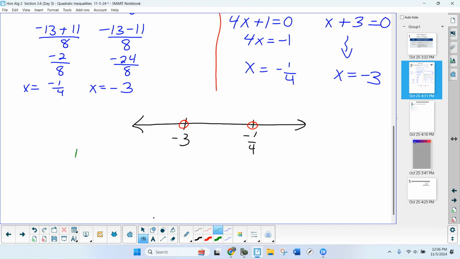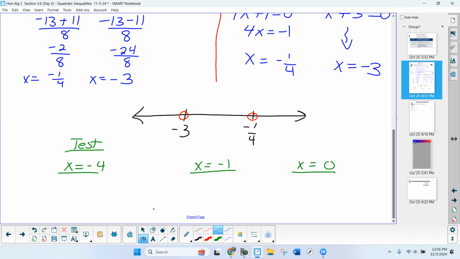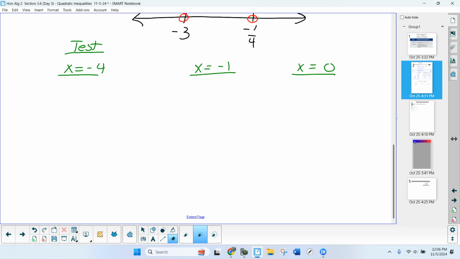Now, what values did you guys test? Negative 4. How about between here? Negative 1. And how about over here? 0. Now, when you test, go back into that original inequality. That original inequality said 4 times x squared plus 3, is that greater than negative 13 times x? With negative 4, what did you get for this left side? 4 times 16 is 64, plus 3 is 67.